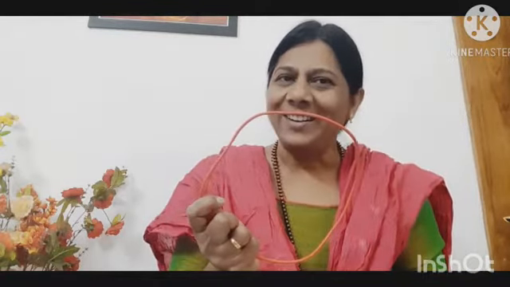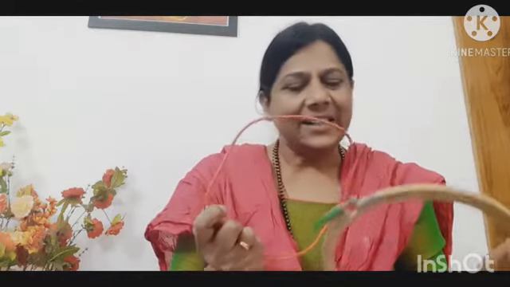You know very well, the current will flow through the circuit. It can be measured with the help of an ammeter. In the circular loop, for each point, for example this point, concentric circles of magnetic field lines are formed.